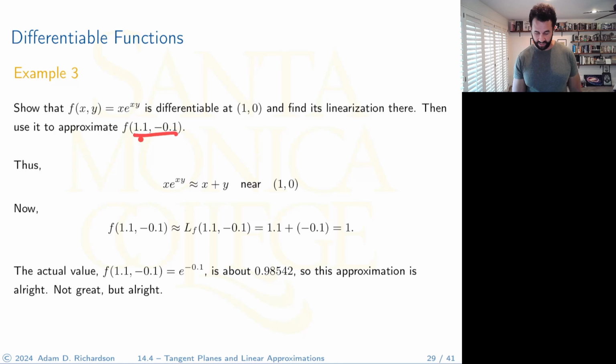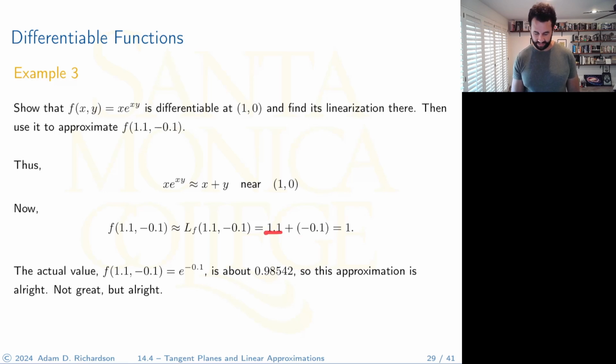So this point here, (1.1, -0.1), is actually pretty close to this one. They're 1/10 away from each other in each direction. So what we're saying is that the value of our function itself is approximately the value of the linearization at that point, which gives us this.